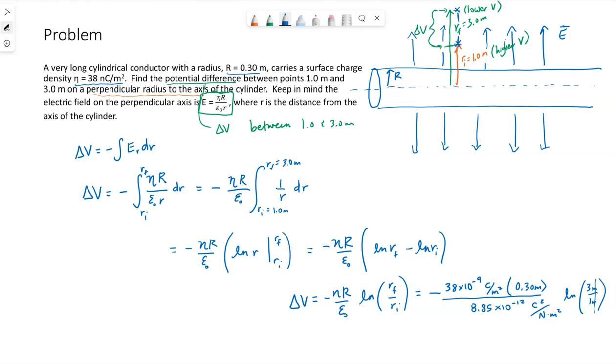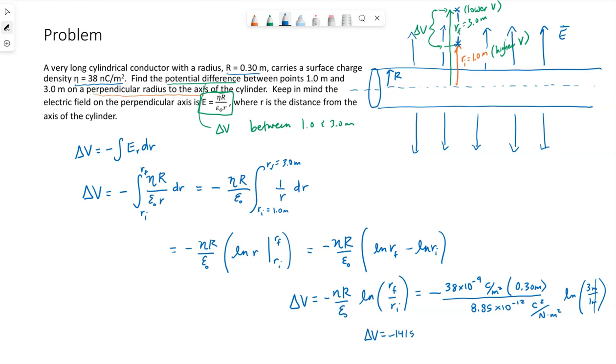So let me plug these numbers in. Okay, plugging this in, I'm getting negative 1415 and points other stuff.